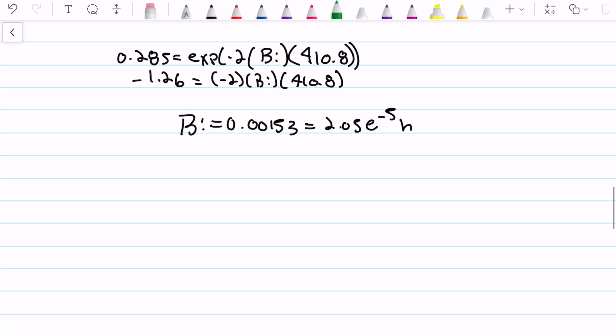And then we can go ahead and divide that number over. So I'm dividing 0.00153 by 2.05 e to the negative fifth. If we throw that in our calculator, you get that H equals 74.6 watt per meter Kelvin.